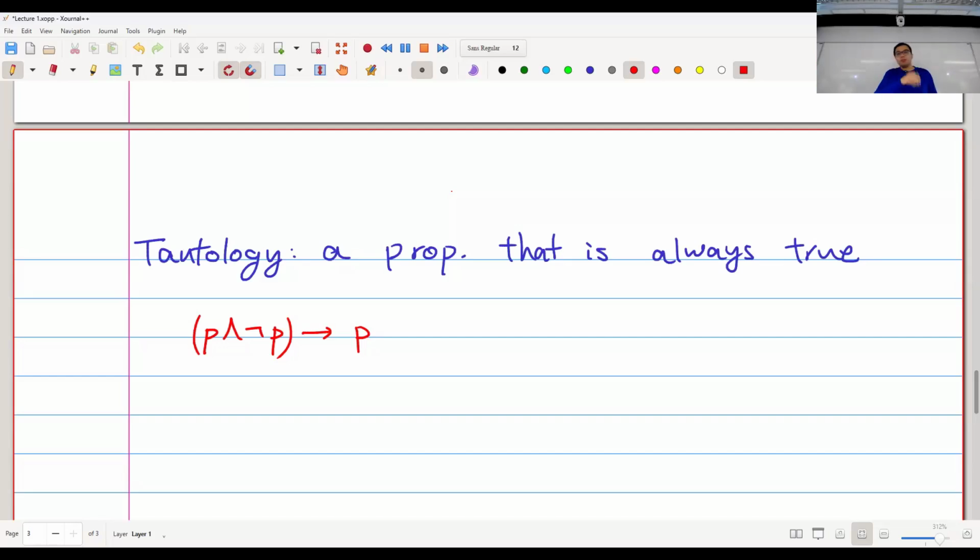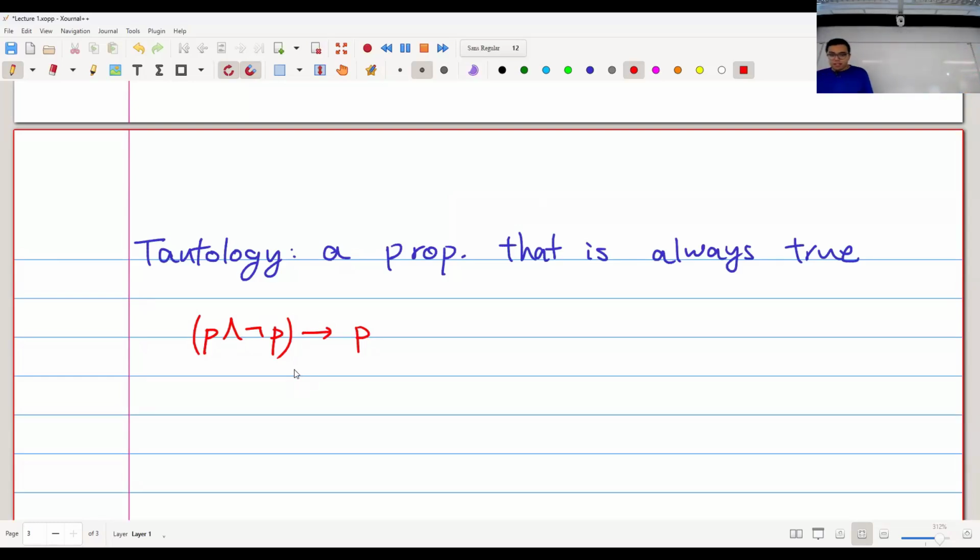I'm saying if both P and the negation of P hold, then P holds. But what I've written here is already impossible. It's impossible that both P and negation of P hold. But we already talked about this. We said that if I'm promising something and the conditions of the promise cannot be satisfied, then the promise is kept by default. So this is actually a tautology.